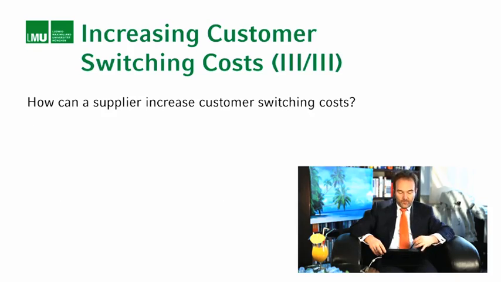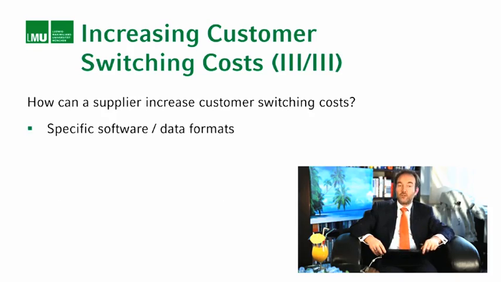How else could he try and increase consumer switching cost? Well, by offering specific software, by offering specific data formats. In this case, switching would entail either converting the entire database, the entire data formats and so on, or rebuilding it from scratch, both of which can be very expensive or very time-consuming, or both.